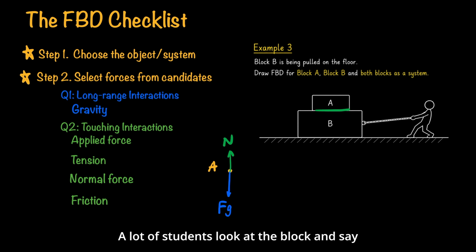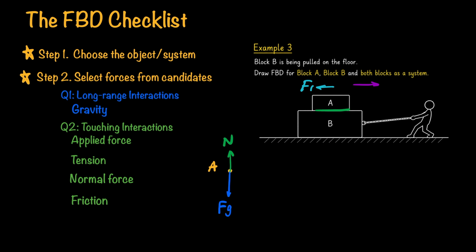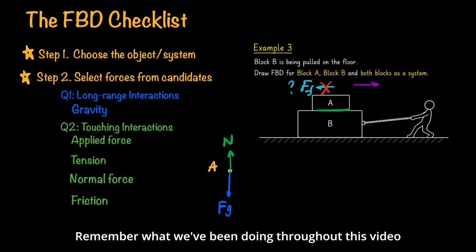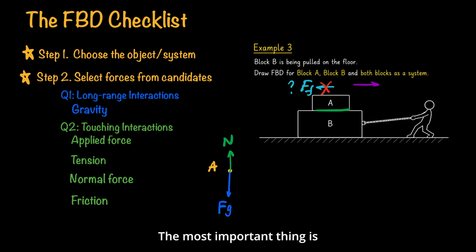A lot of students look at the block and say, the block is moving to the right. So shouldn't friction point to the left? The answer is no. And here's why. Remember what we've been doing throughout this video. The most important thing is we don't start by thinking about the forces, we start by identifying the interactions.